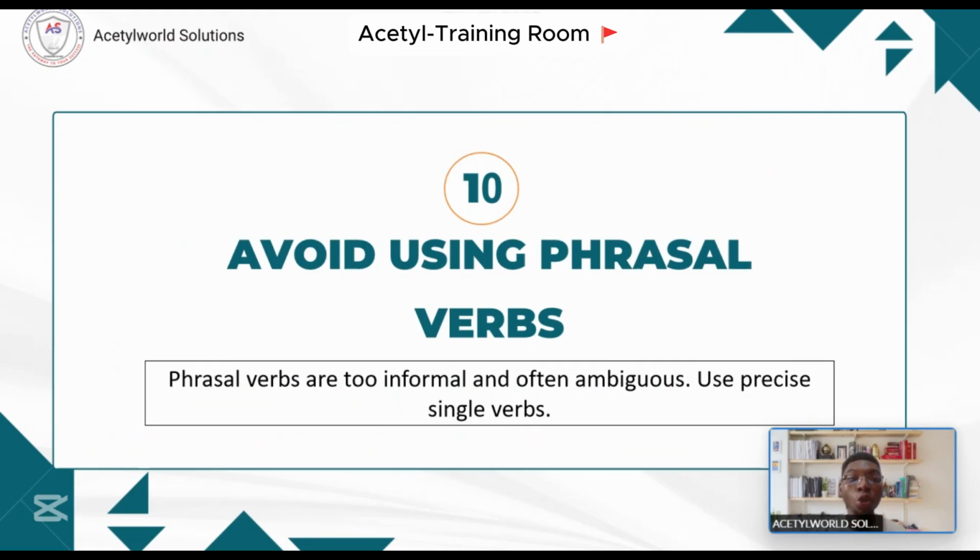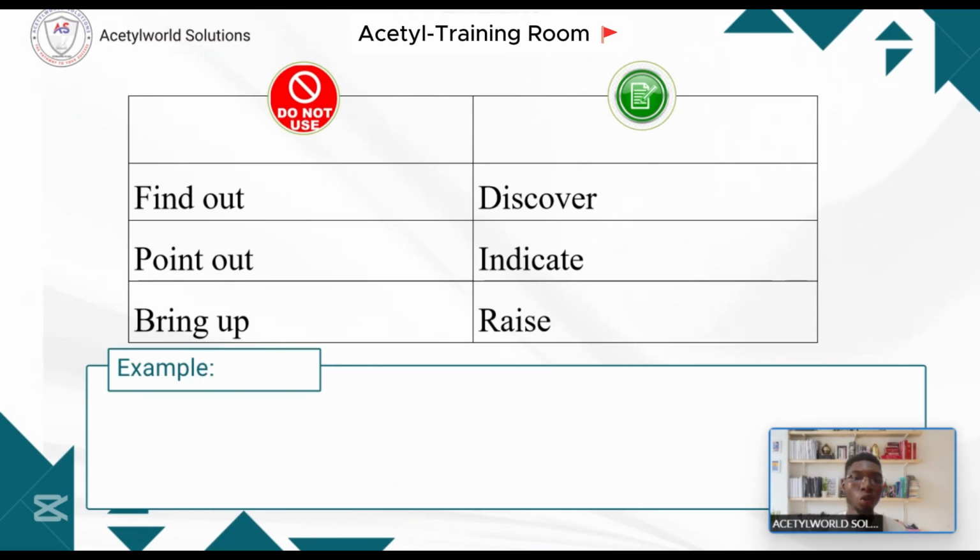Also, avoid using phrasal verbs. Phrasal verbs are too informal and often ambiguous, so use a precise single verb. Instead of using something like find out, use discover. Instead of using something like point out, use indicate.